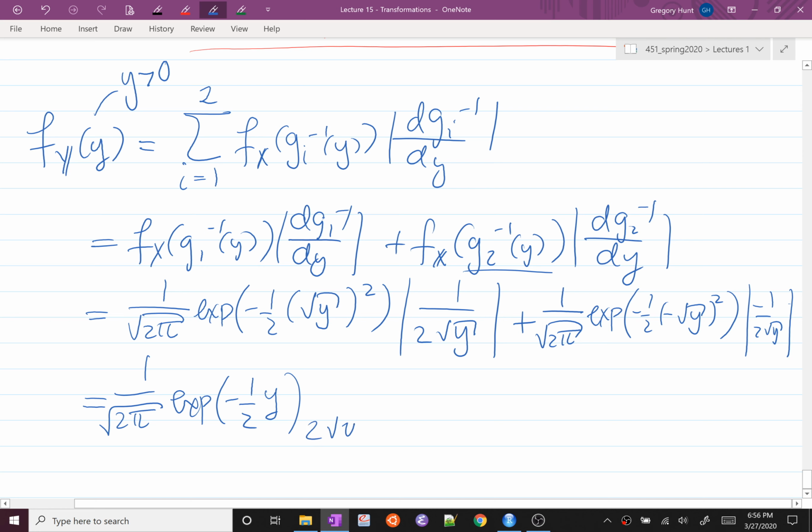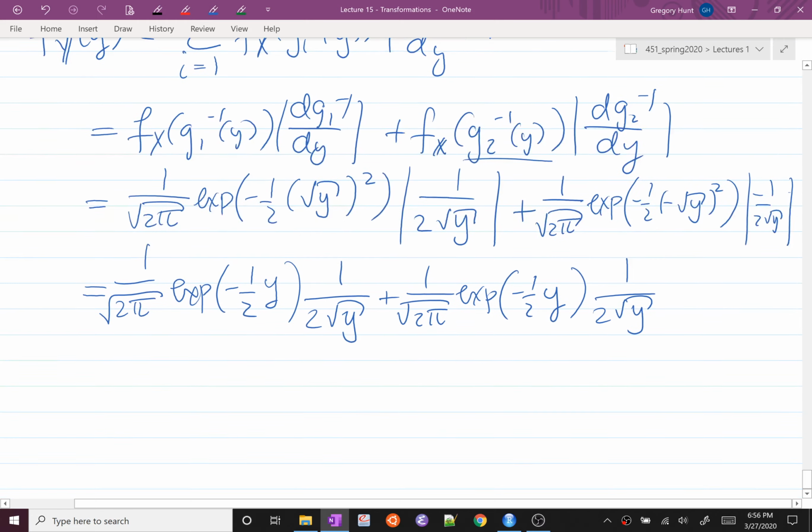And you get 1 over root 2 pi, exp, negative 1/2, and again we just get a y. And the absolute values just get rid of the negative 1 here. So we have 2 root y and 1 over that.